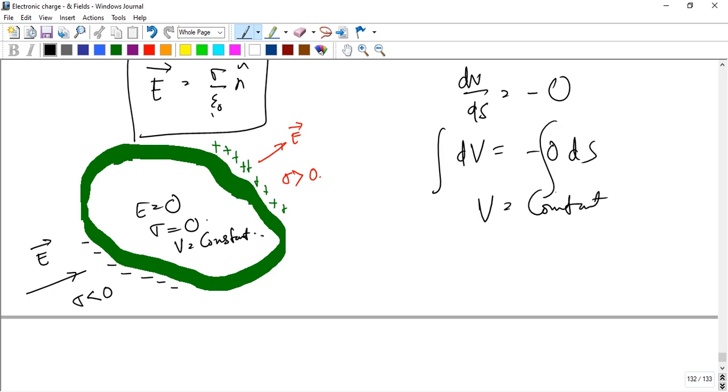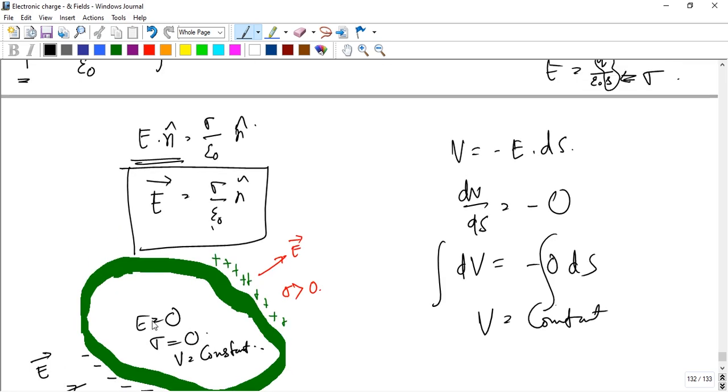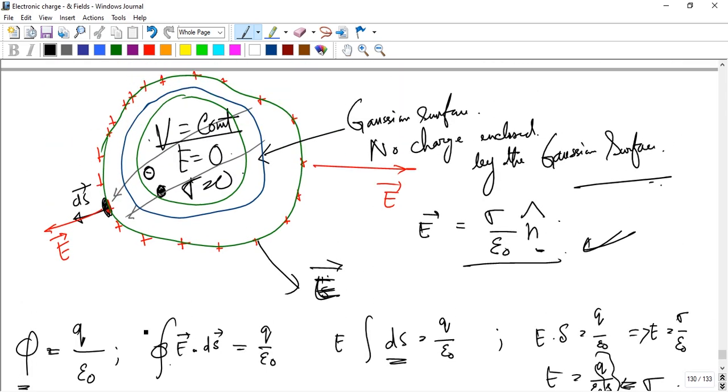So that's the very important concept here. We see that if there is a Gaussian surface here, the electric field would have to cross that surface. If there is a positive or negative charge here, the electric field is in that direction.